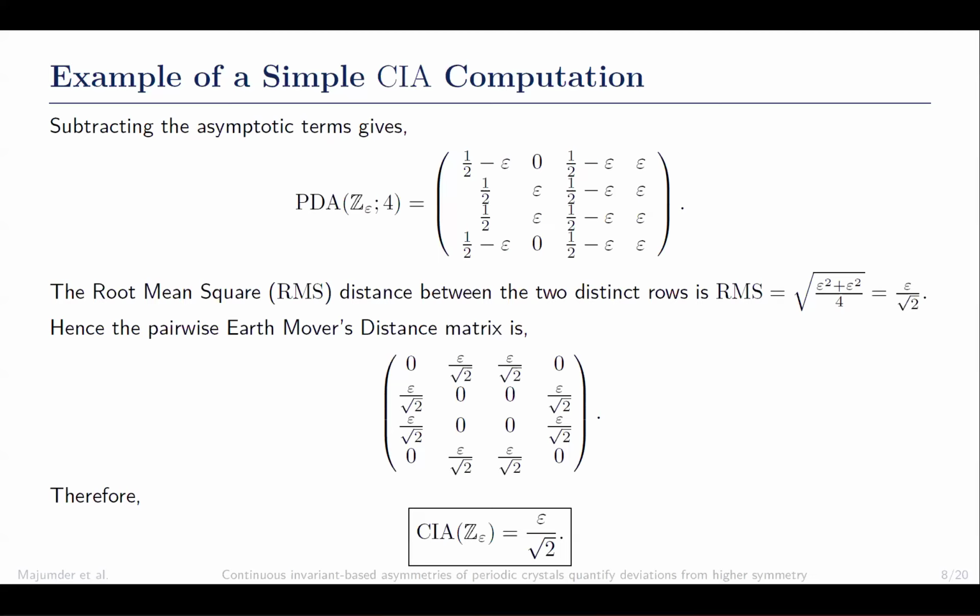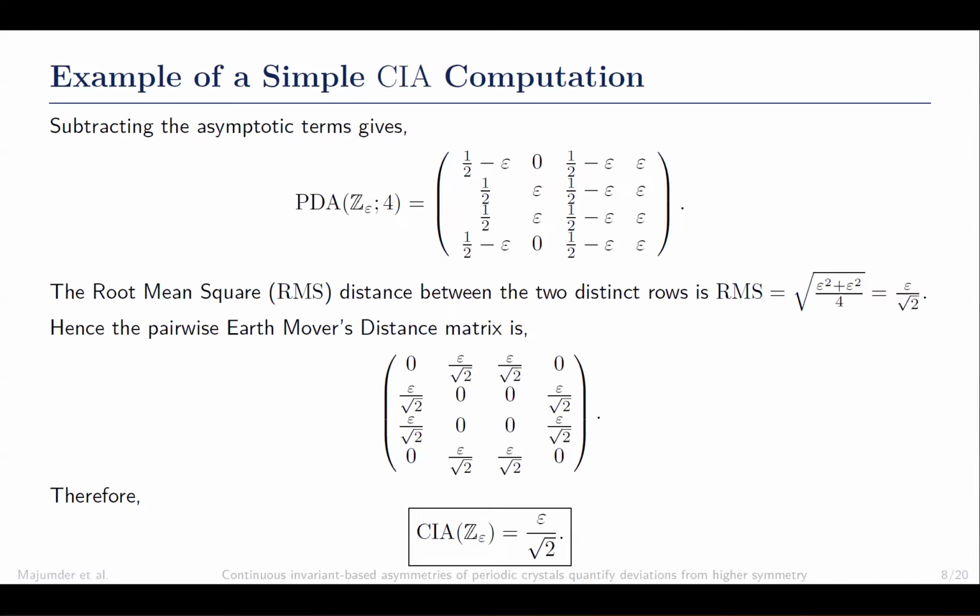The root mean square distance between the two distinct rows is given by the RMS, which is epsilon over root 2. We have omitted the weight column since each PDA vector in this representation has equal weight, which is 1 over 4. And since each PDA vector has equal weight, the earth mover's distance between any two distinct PDA vectors coincides with their RMS distance.